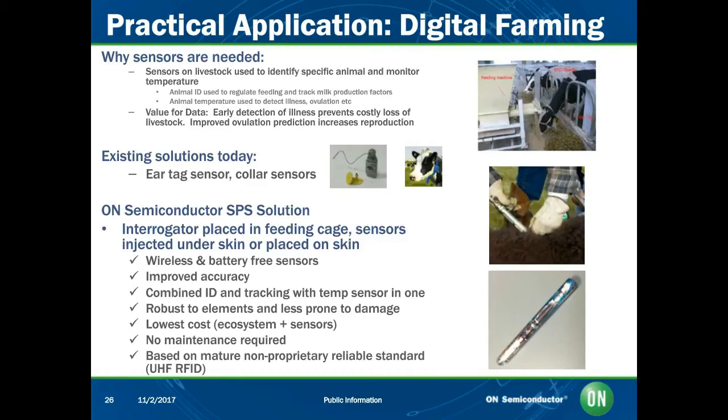So another application where we're using the sensors, I just have this one and one more, we're calling digital farming. So this is in the agricultural and livestock areas. Right now there's a movement for beef and basically cows and pigs for all the feed animals. There's a movement to have less medication on the animals if they're not sick.